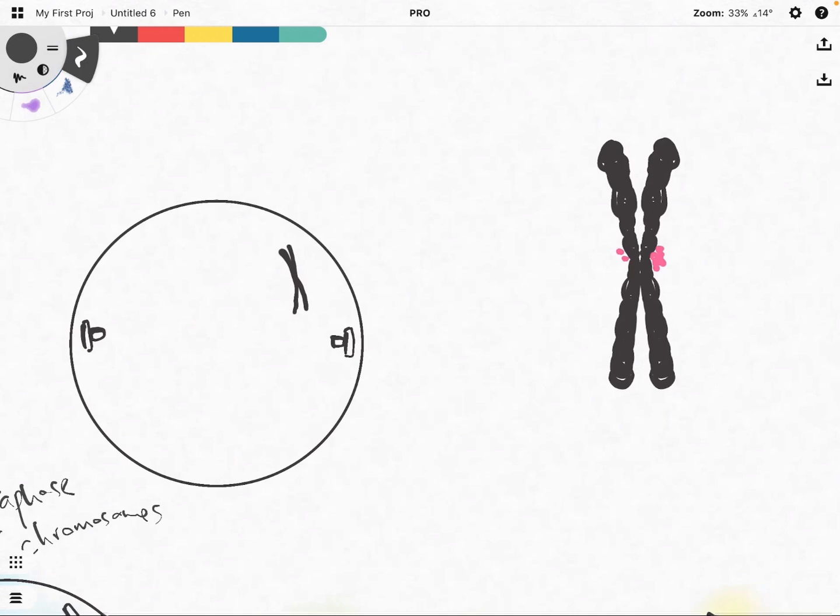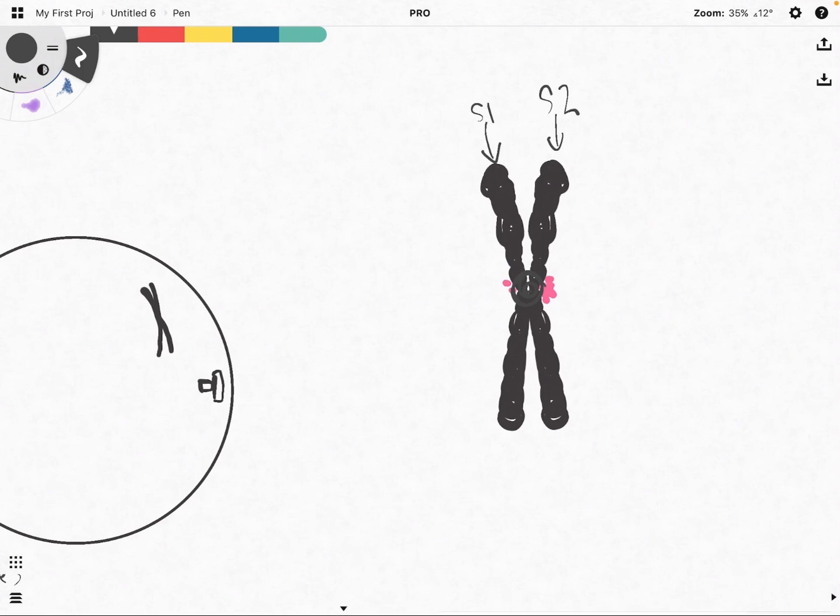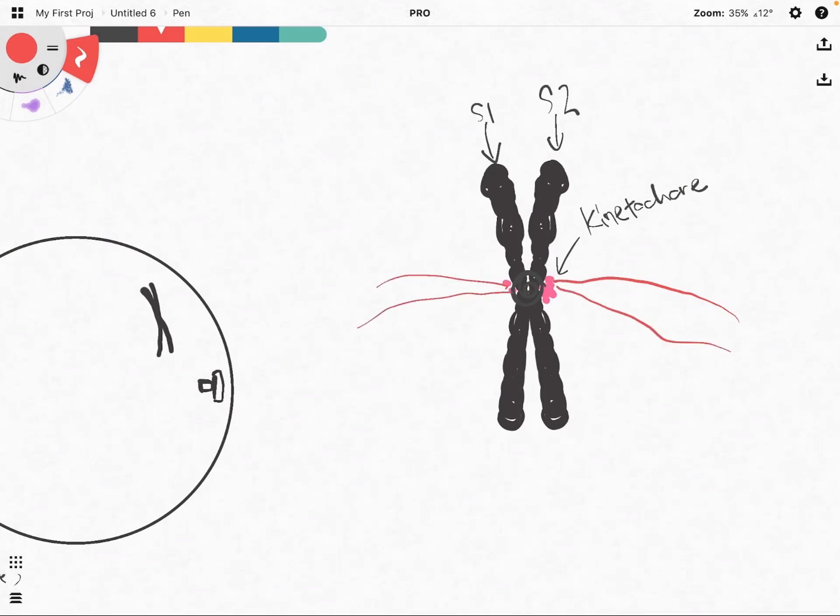Here I have a chromosome on the right hand side with two sister chromatids, sister chromatid 1 and sister chromatid 2. You find that in the middle, this is where the centromere region is. At the same time, you'll find that there are some proteins at the centromere region. We refer to them as kinetochore proteins. This is where you'd find all the kinetochore microtubules attaching to the kinetochore.